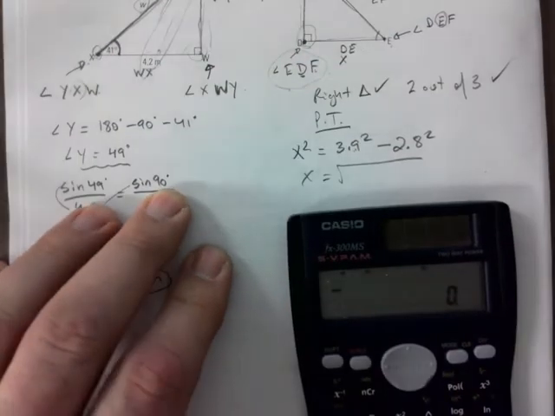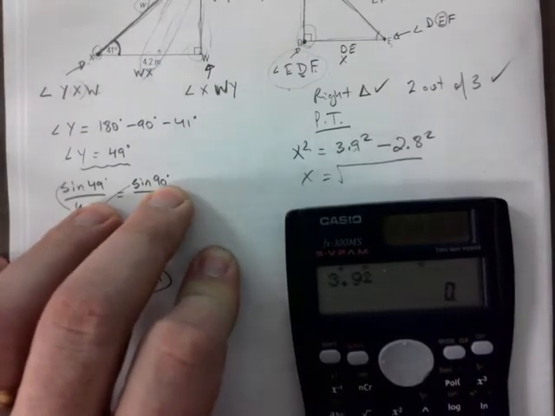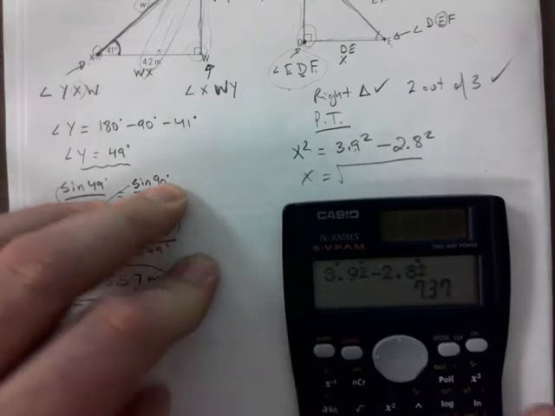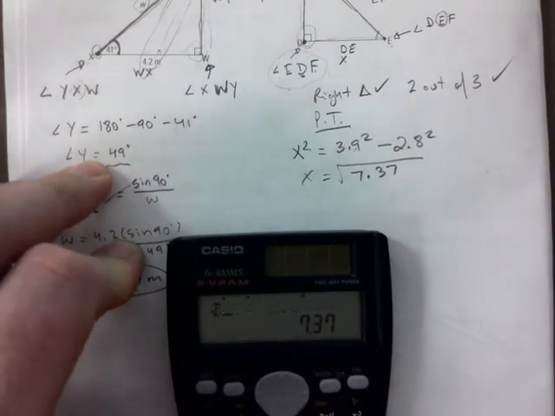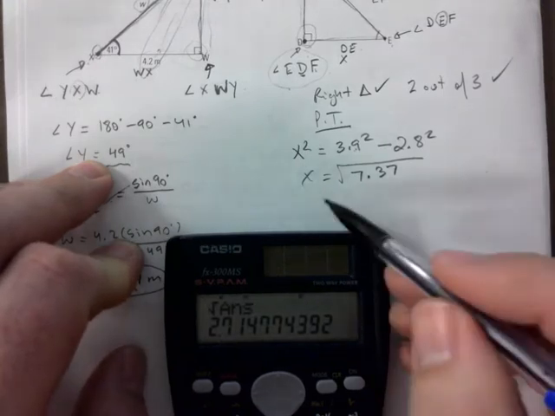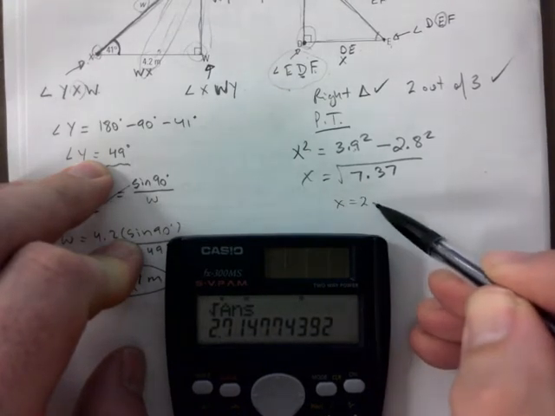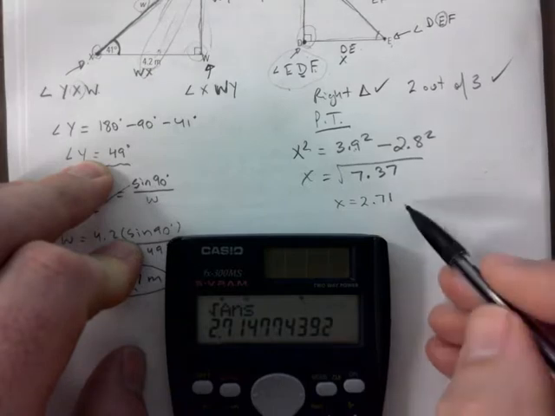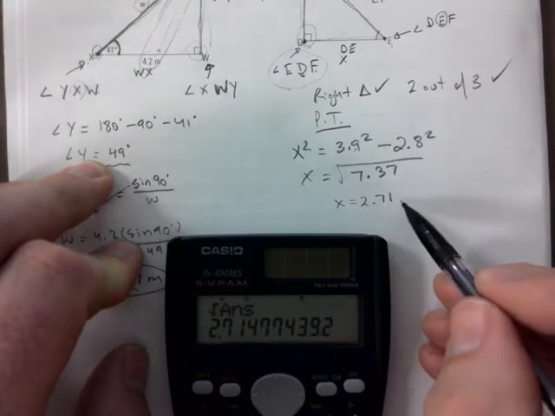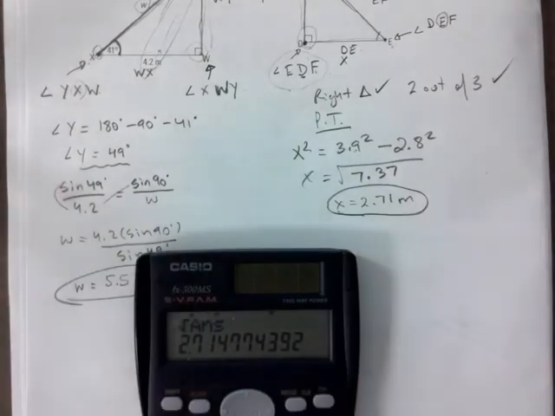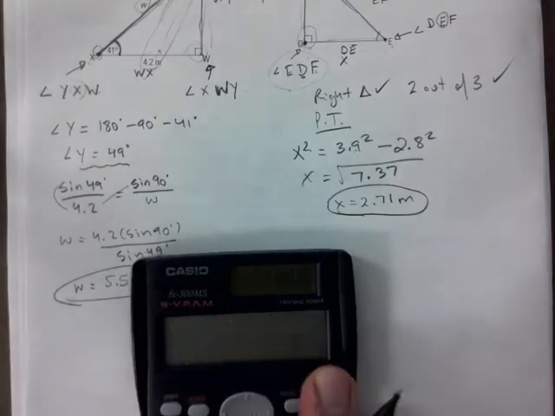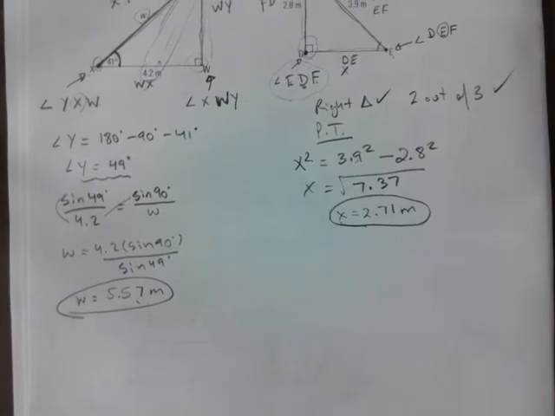I type that in. 7.37. Square root that, 2.71. Which makes sense. It's not longer than my hypotenuse, which is the longest. And we have ourselves a deal.